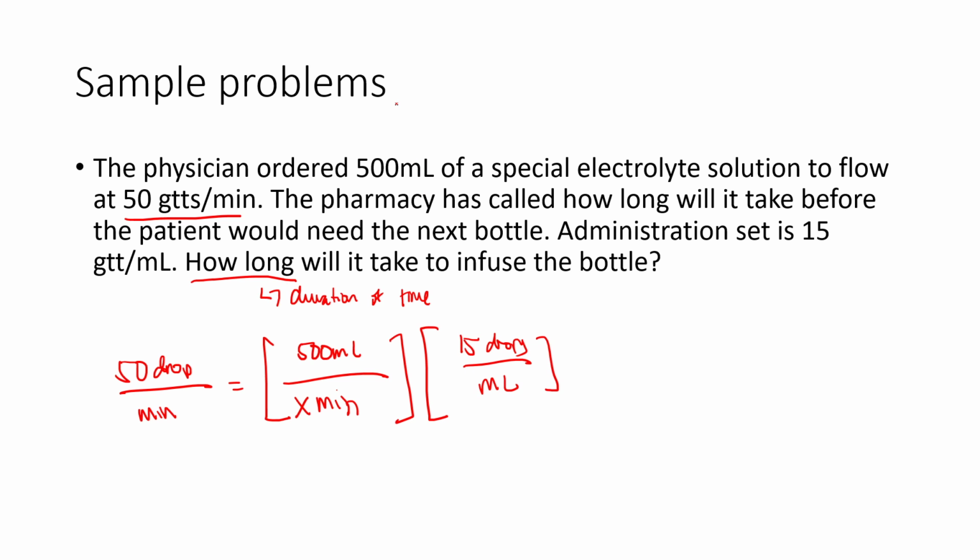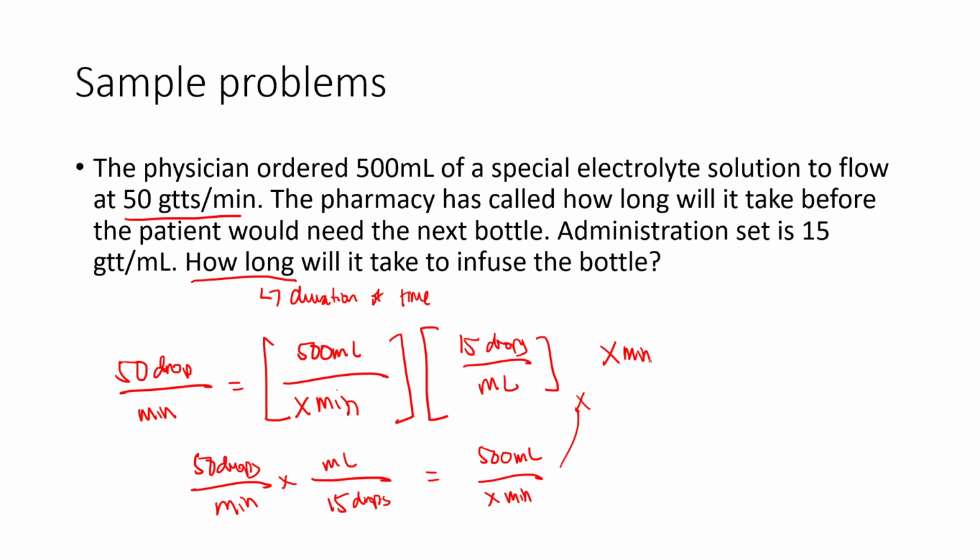Let's rearrange the formula. 50 drops per minute times ml over 15 drops equals 500 ml over x minutes. So I will rearrange the formula here.